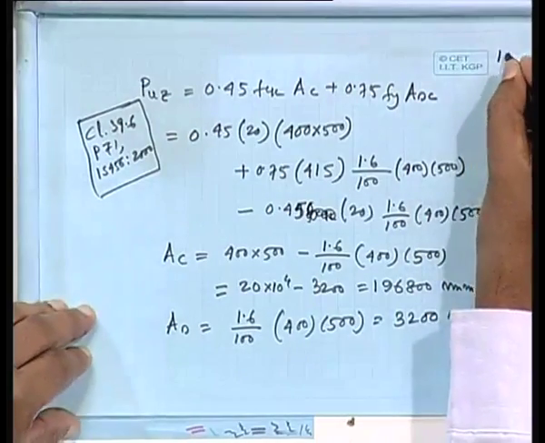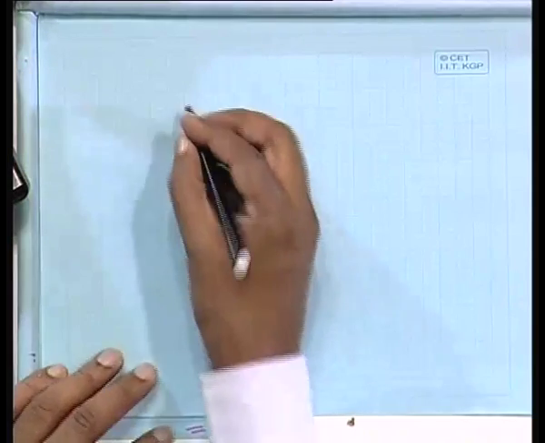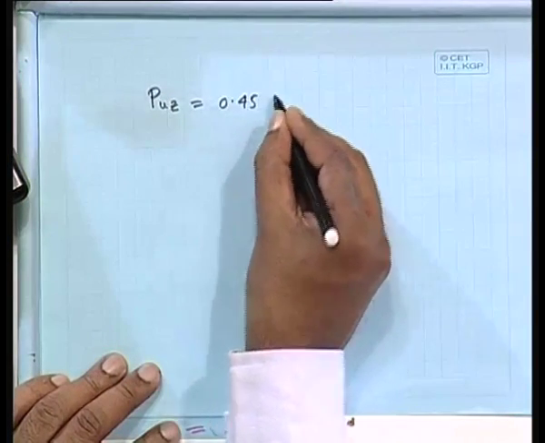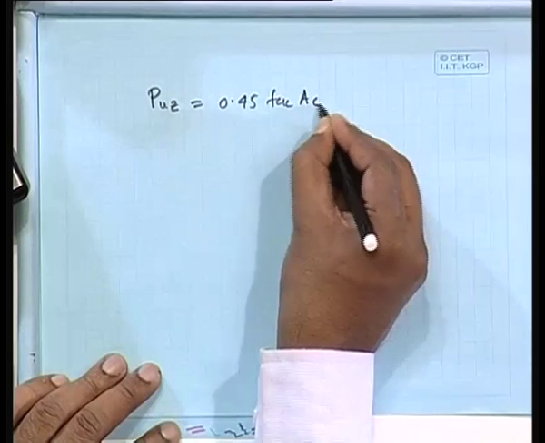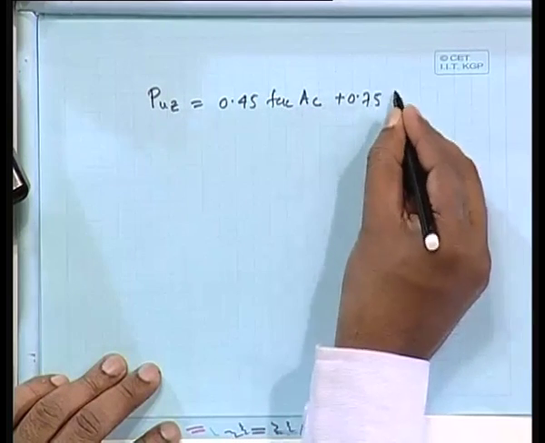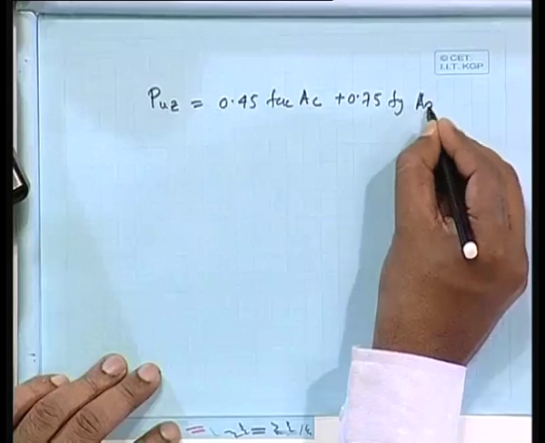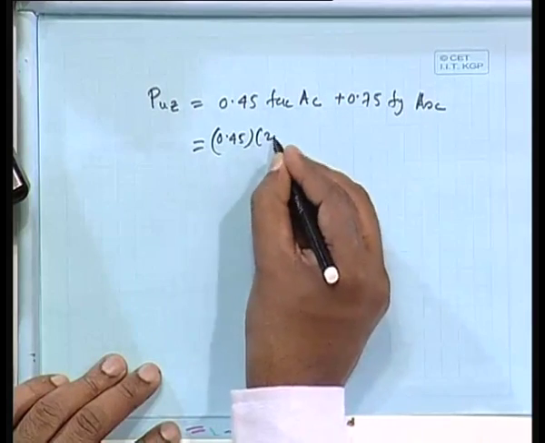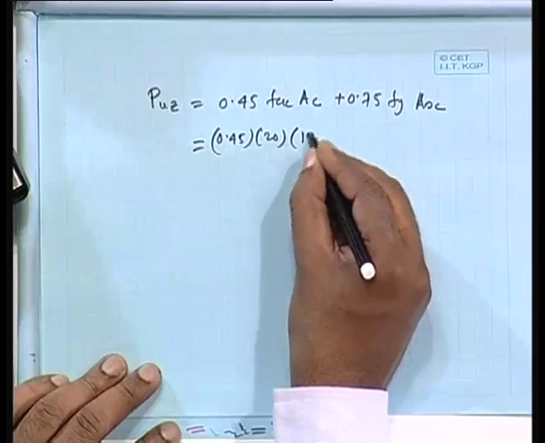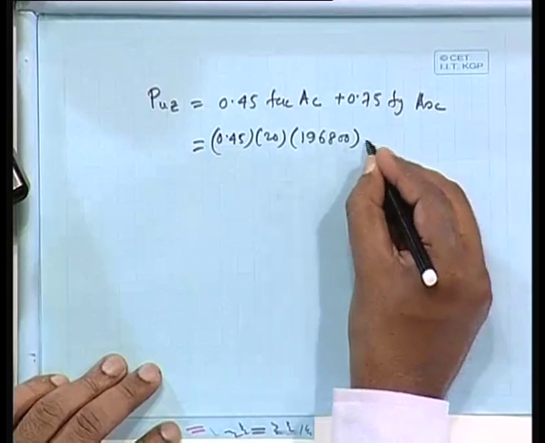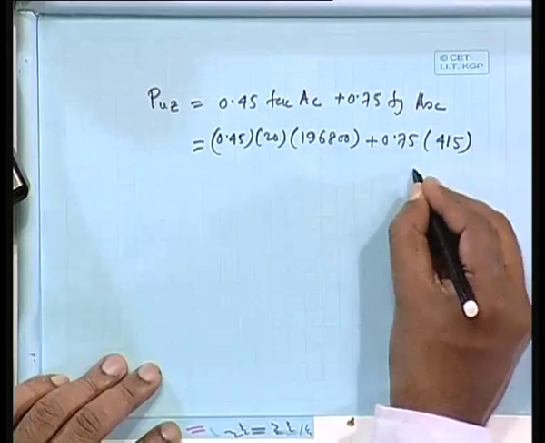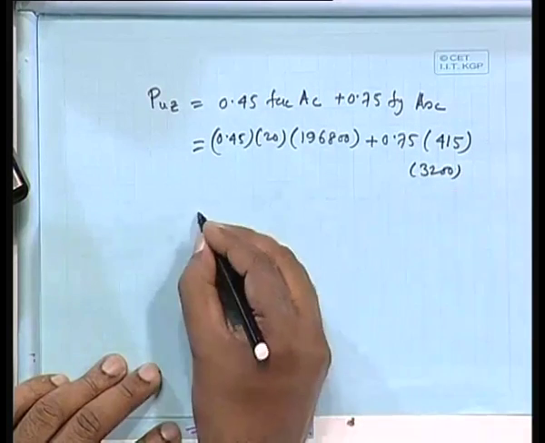So let us make it PUZ. I have calculated, so 0.45 FCK times AC plus 0.75 FY ASC equals 0.45 times 20 times 196,800 plus 0.75 times 415 times 3200.